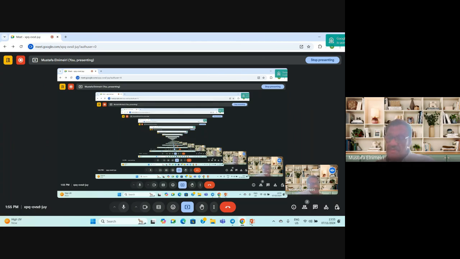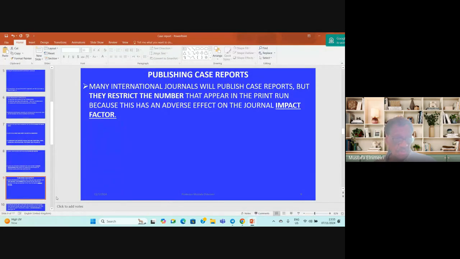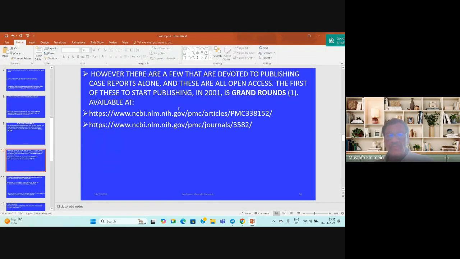Such restrictions may be an obstacle for the investigator to publish a case report. However, there are a few journals that are devoted to publishing case reports alone, where they are all open access. The first of these to start publishing, in the year 2001, is Grand Rounds, and this is available at the website address that is shown here.